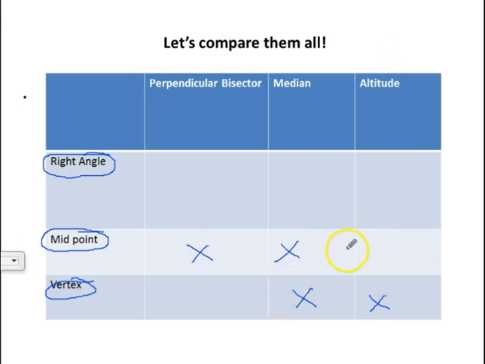Altitudes will not intersect a side of a triangle at a midpoint. And then which are going to intersect the side of a triangle and create a right angle? Well, we know perpendicular means right angle, so that one definitely does. And then altitudes do as well. So each of these terms is going to have two out of the three of the properties. And this chart is a great way of organizing that so that we can see which characteristics each type of segment has.